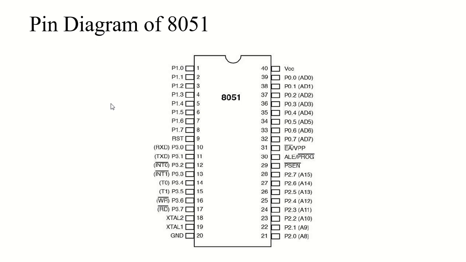It is the job of P2 to provide A8 to A15 of the address. In other words, when the 8051 or 8031 is connected to external memory, P2 is used for the upper 8 bits of the 16-bit address, and it cannot be used for input output operations. Right? Simple enough.